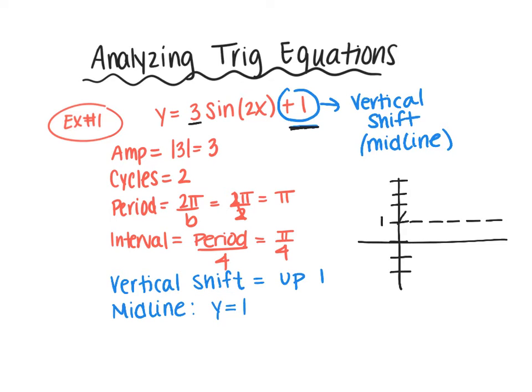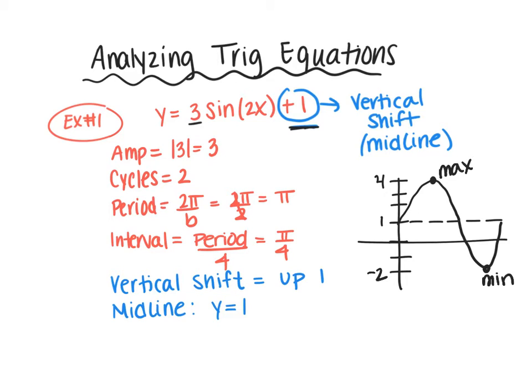My sine graph is going to go up here and then down here. So this is where my maximum value is going to be, and this is where my minimum value is going to be.